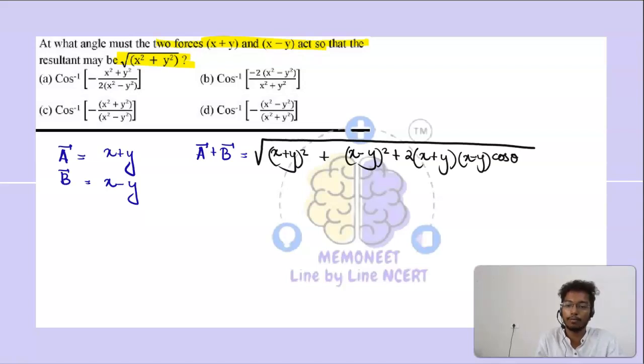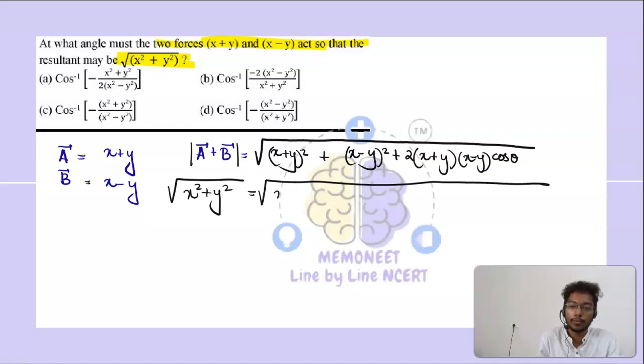Okay, so the resultant of the sum of these two vectors is under root of x square plus y square, that will be equal to, if we solve this out, x square plus y square plus 2xy cos theta plus x square plus y square minus 2xy cos theta plus, okay, so here (x plus y) into (x minus y), what is the formula?